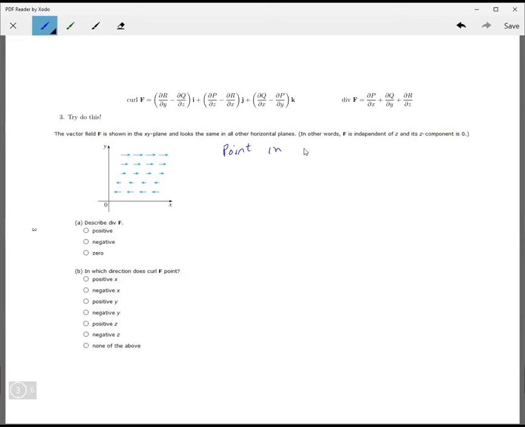Left and right is the x direction, right? And so that means that q and r are both 0. It also says the z component is 0 anyway. So we can whack out all the q's and the r's. I'll go ahead and do that. Those are all 0.